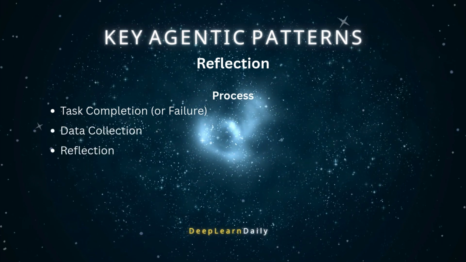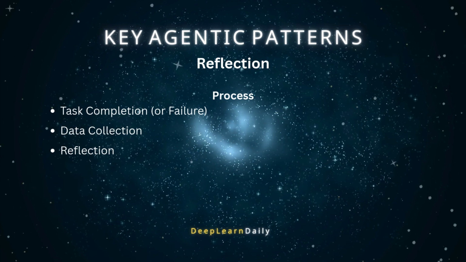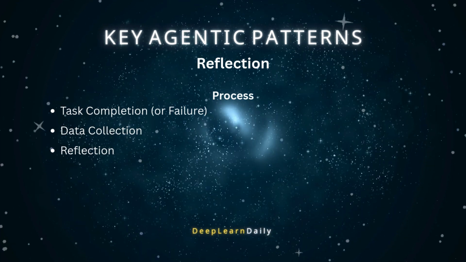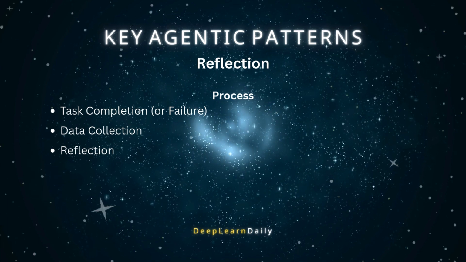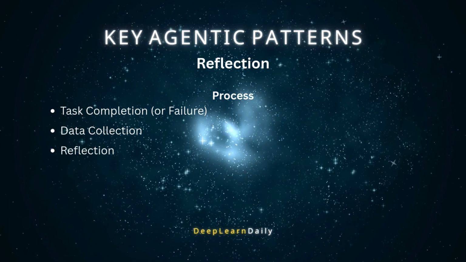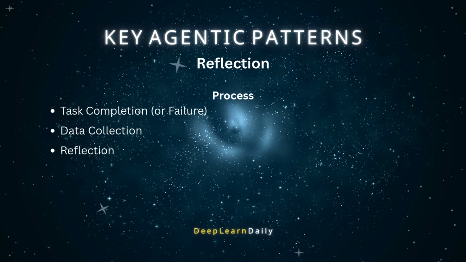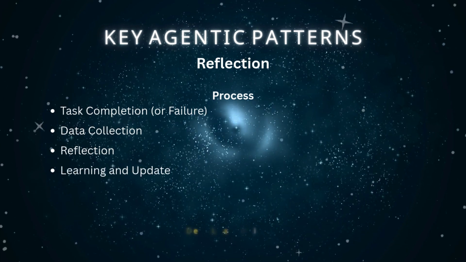The agent gathers information about its process, including the reasoning steps taken, the actions performed, the observations received, and the final outcome. Reflection. The LLM analyzes this data, identifying what worked well, what went wrong, areas where the reasoning or action selection could be improved, and potential alternative strategies.